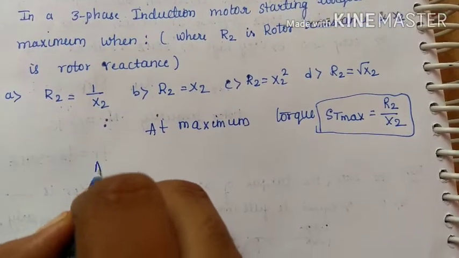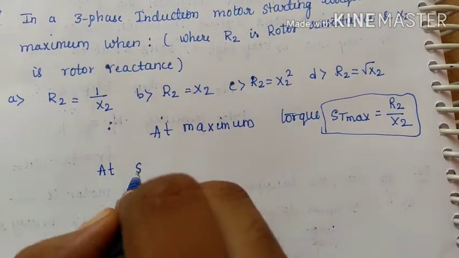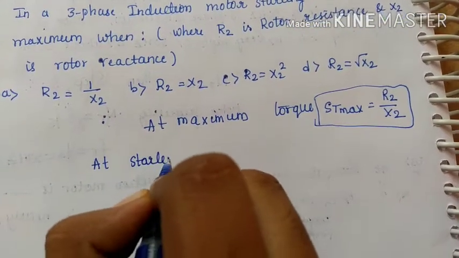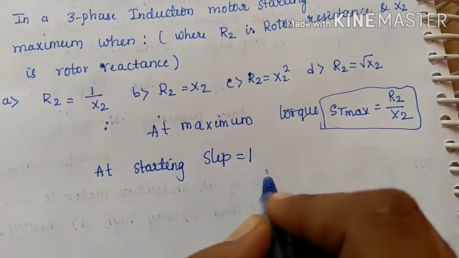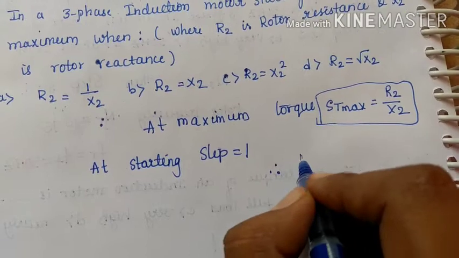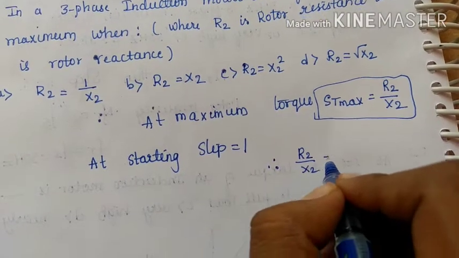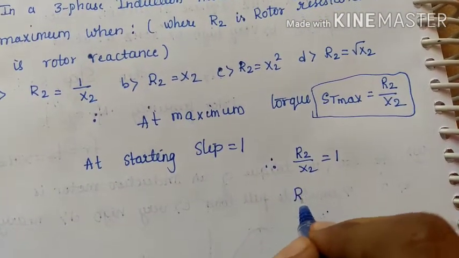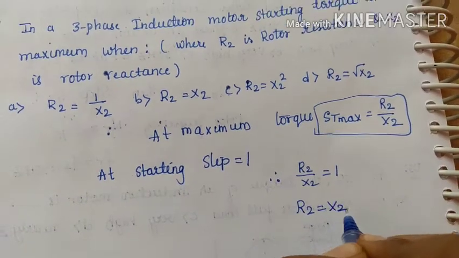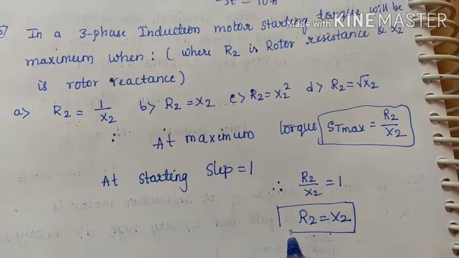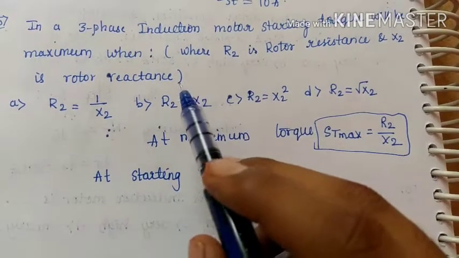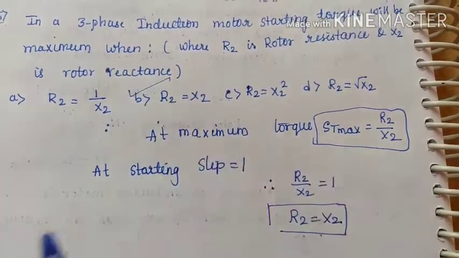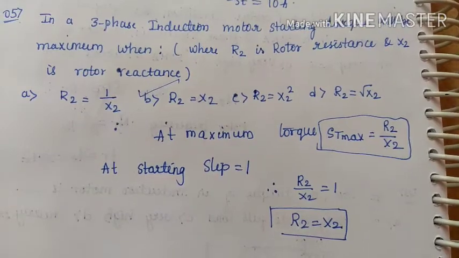As we know, at starting the slip will be unity, that is 1. So therefore R2 divided by X2 equals 1. From this, R2 equals X2. So starting torque will be maximum when R2 equals X2. So option B will be the answer.